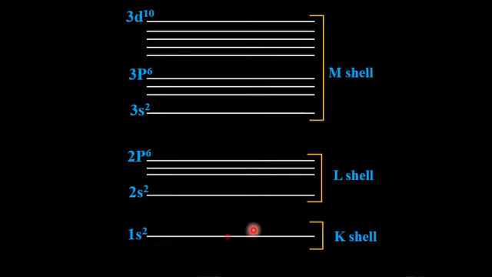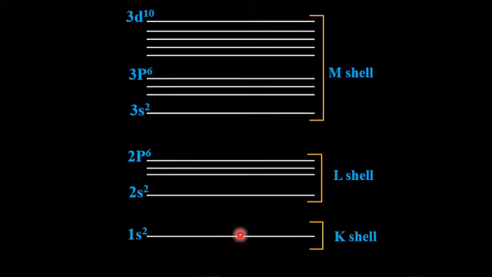For simplicity, I am representing the K shell with 1 electron, though it consists of 2 electrons. In order to understand the phenomenon, I'm just representing only one side of the K shell with 1 electron. So this is the core electron present in the K shell.